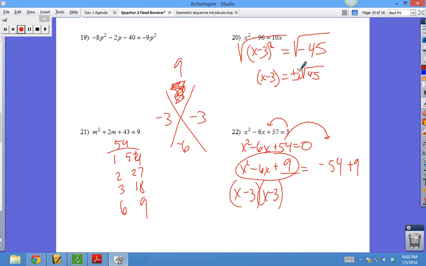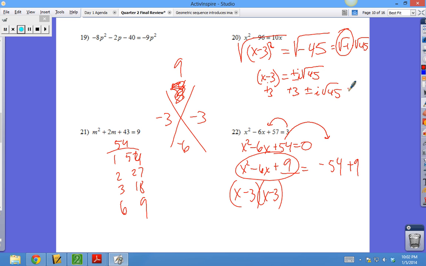Because the square root of negative 45 is the same thing as the square root of negative 1 times the square root of 45. And the square root of negative 1, that is your imaginary, so just write that as i. Okay, now undo this minus 3: plus 3, plus 3. So there you go, 3 plus or minus an imaginary times the square root of 45.